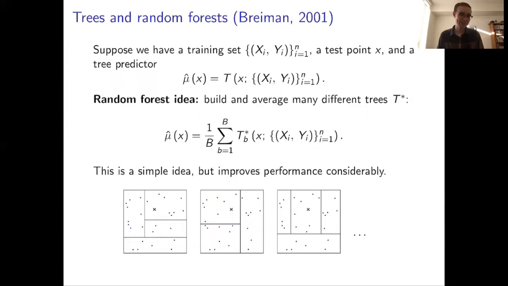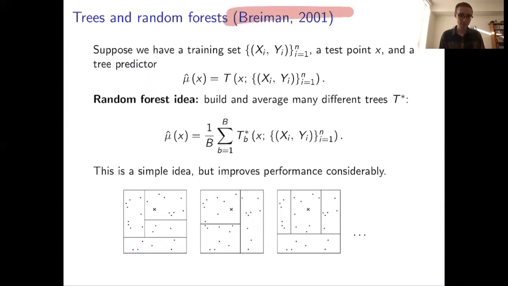People worked hard on this until at some point they realized you're better off not choosing. If there are many reasonable looking trees, just train all the trees and get a consensus prediction as their average.